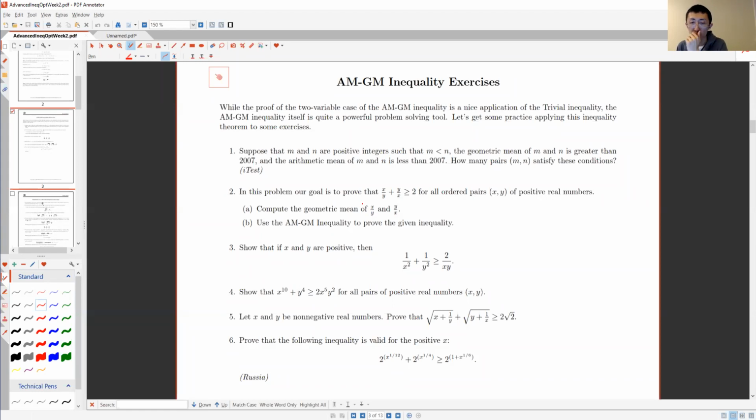So how can we do number 2? It says a number plus its reciprocal is greater than 2 for all ordered pairs of x, y positive real numbers.